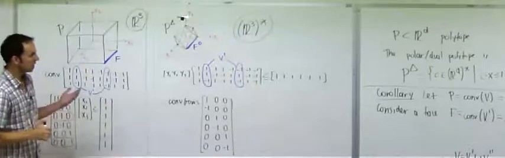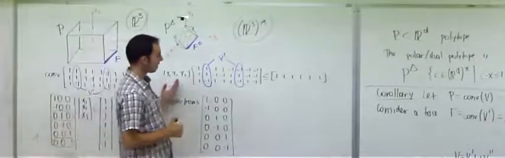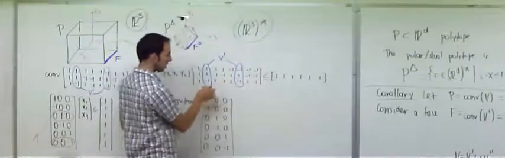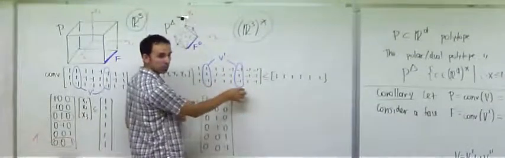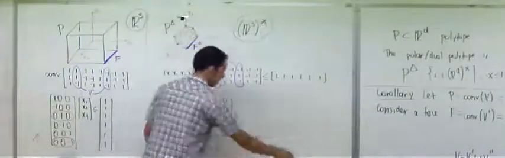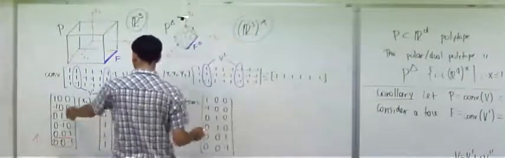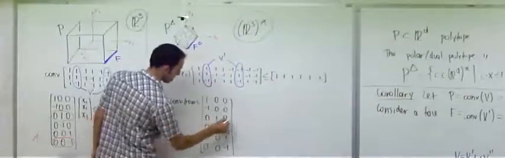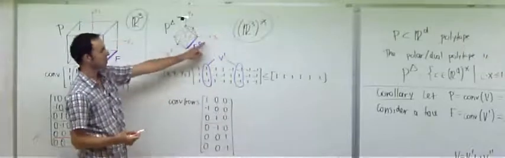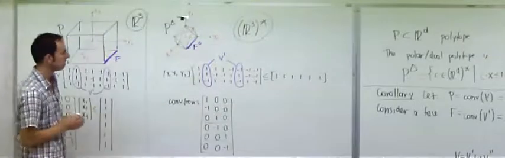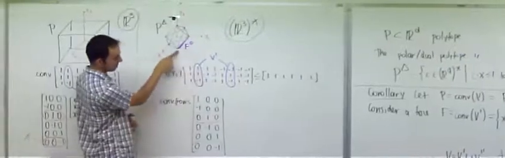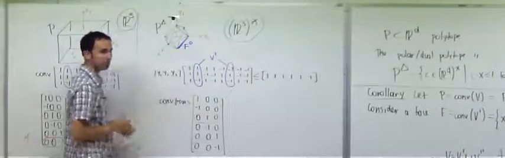So if I want the inequality description of F dual, all I have to do is write these inequalities and force these two to be equalities. Okay? And if I want to figure out what the vertices are, then I just do the same thing. I circle this, and you'll see that these are the vertices of this polytope. For example, the vertices of this polytope are 0, 1, 0, and 0, 0, minus 1. Yeah? So that's the correspondence.